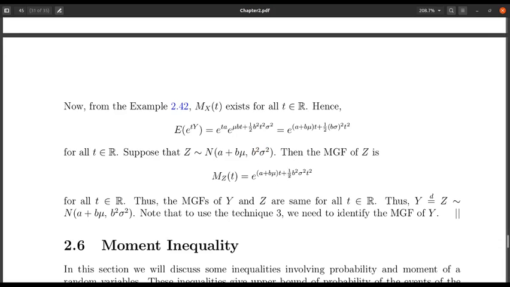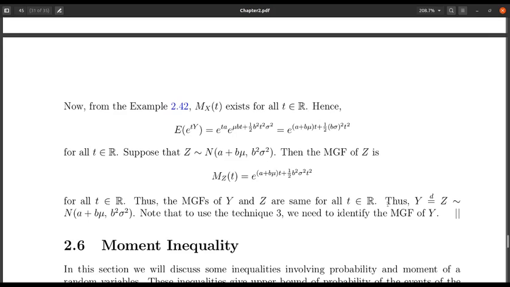So the moment generating functions of y and z are the same for all t belonging to R. I can use the previous theorem and tell that the distribution of y is the same as the distribution of z.